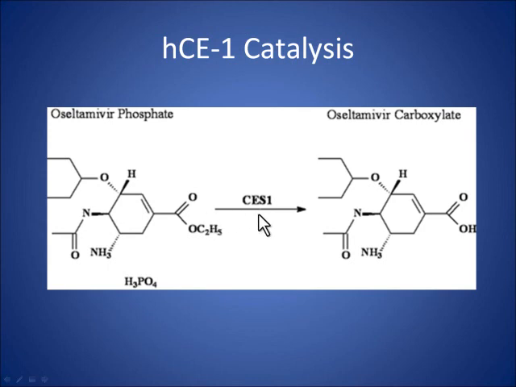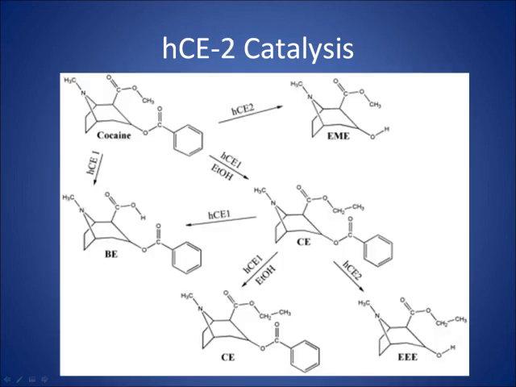The prodrug is activated in the liver through the action of carboxyl esterase 1. An example of carboxyl esterase 2 catalysis is shown here for cocaine biotransformation.